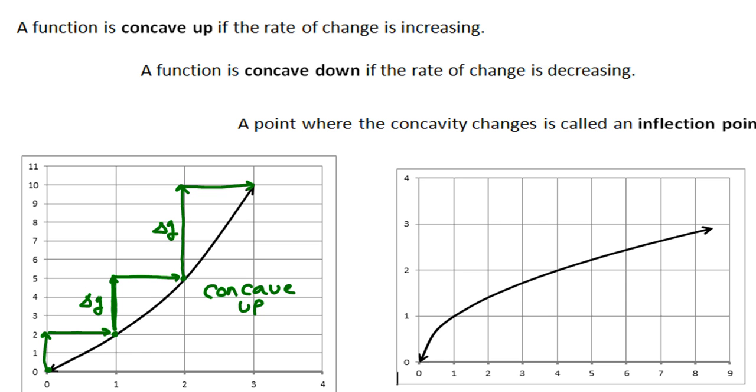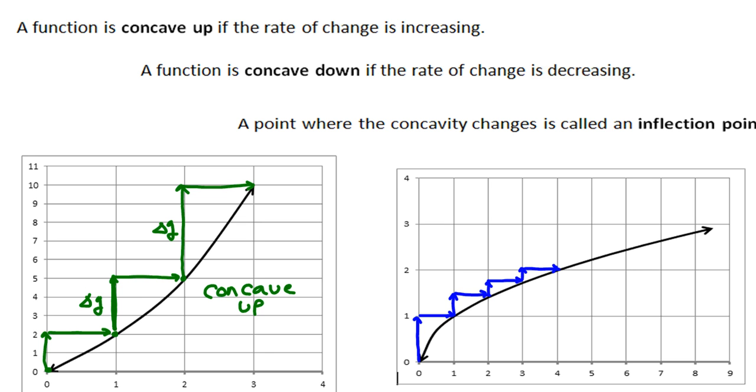On the right here, this function also is increasing. As we look at it from left to right, it's going uphill. But as we go uphill, for a given value of x, the steps are getting smaller and smaller. We're still increasing, but we're increasing at a decreasing rate.